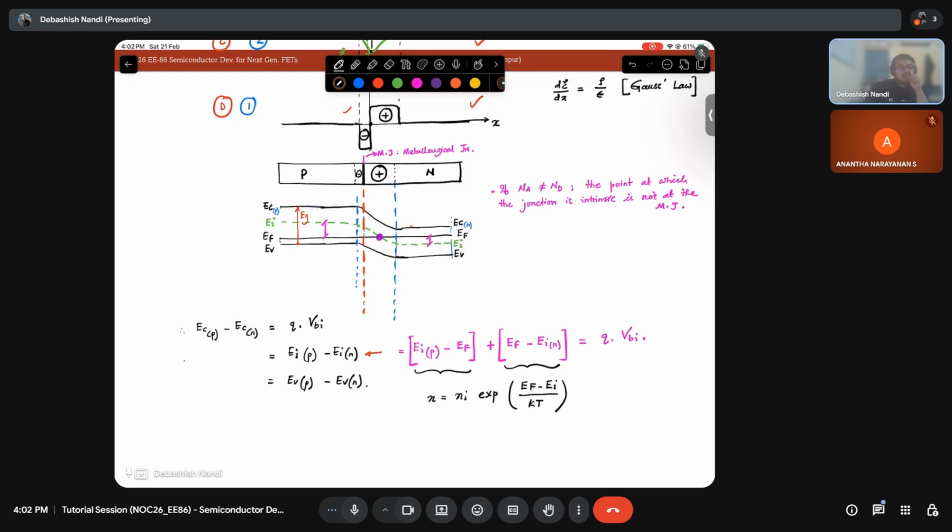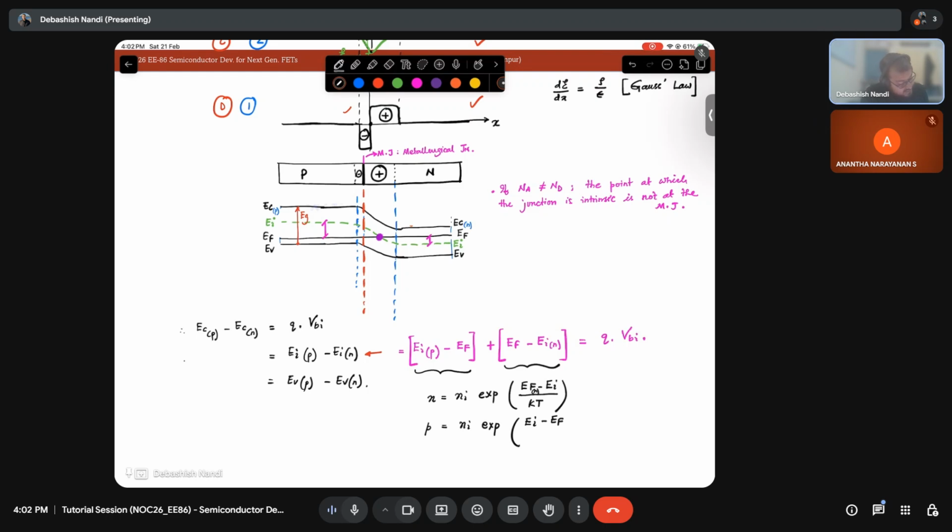Yes, sir. This is okay, right? So p is Ni, because Ni is equal to Pi, the intrinsic concentration, exponential EI minus EF, divided by KT.